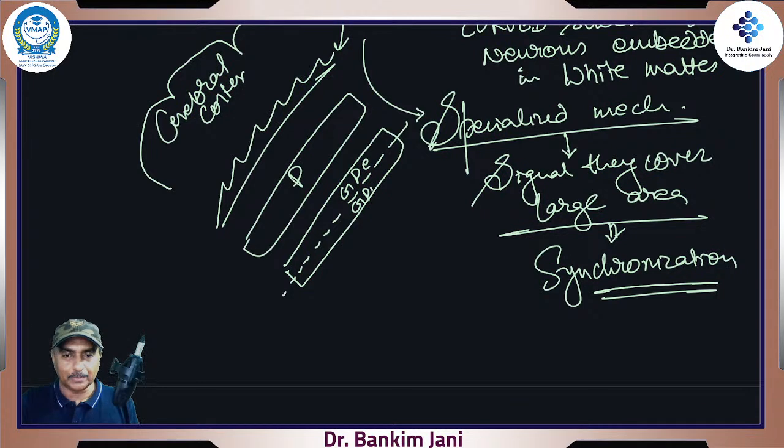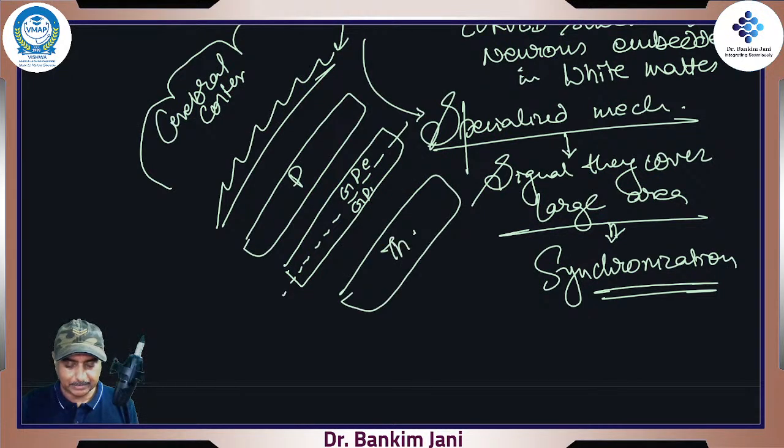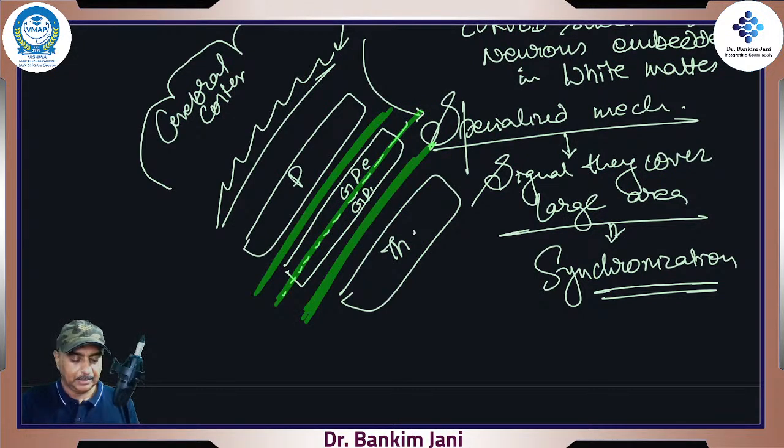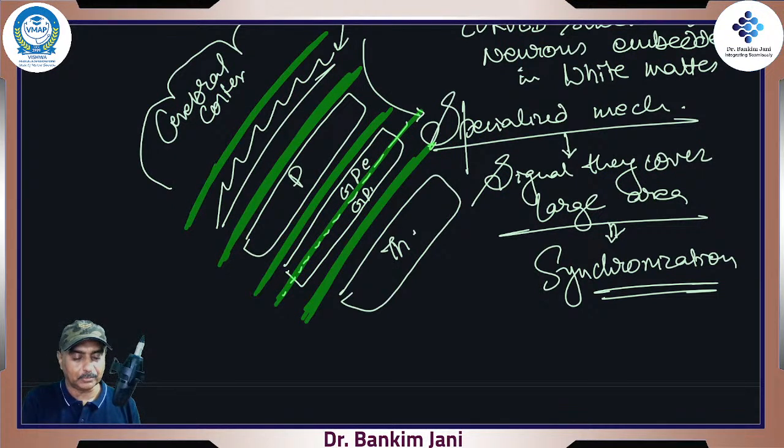And after globus pallidus internal, there is internally the thalamus. And there is something here, there is something here, and there is something even outside. So all of them are between globus pallidus and thalamus.